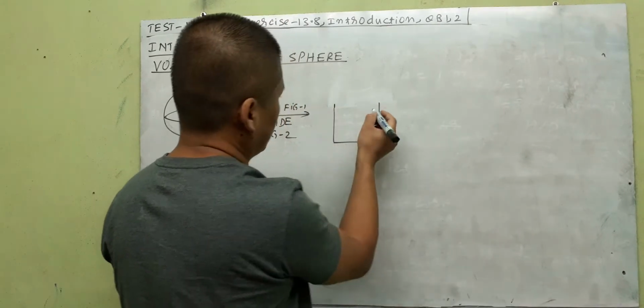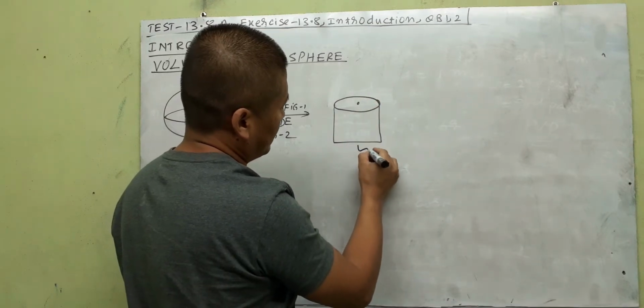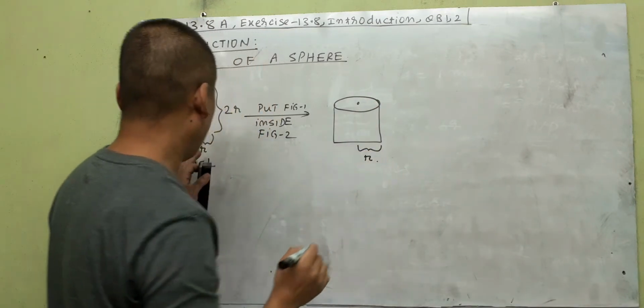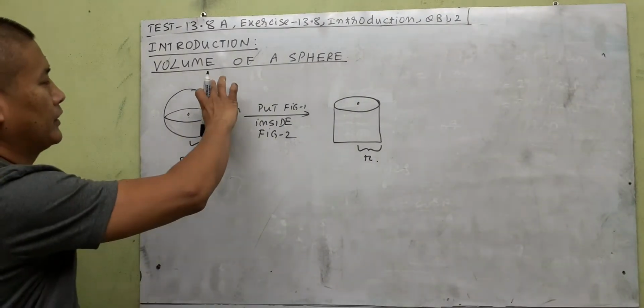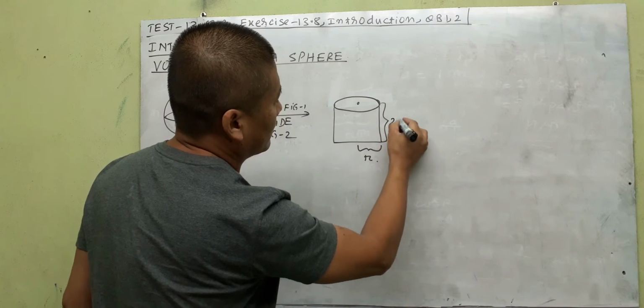Okay, so this is the cylinder we're taking. We have to make sure we take a cylinder such that it has the same radius r as this sphere. And from here to here, diameter is 2r, means the height should also be 2r, okay?